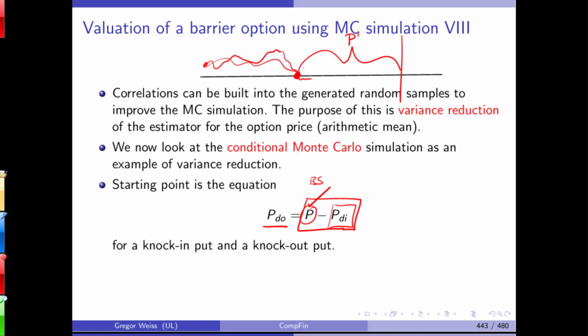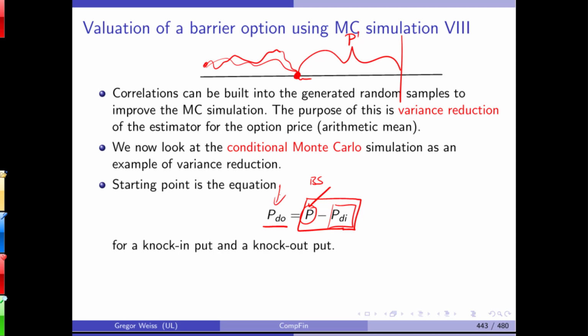We only use those simulations to see whether the option is knocked in at some point, and if it's knocked in, we calculate the Black-Scholes price of the put from that time onwards.